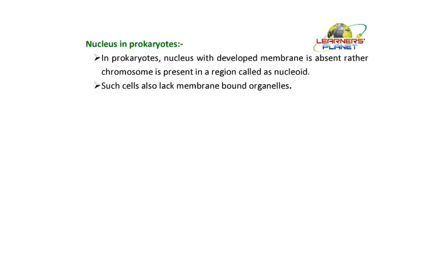This nuclear membrane separates the cytoplasm from the nucleoplasm. So in a eukaryotic cell, the organelles or the cytoplasmic region is completely separated from the nucleoplasm. Why? It is because of the presence of a nuclear membrane.